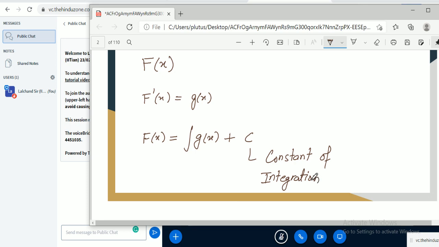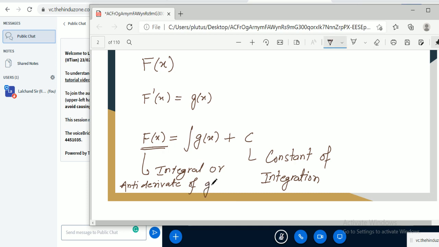We call f(x) an integral or antiderivative of the function g(x).